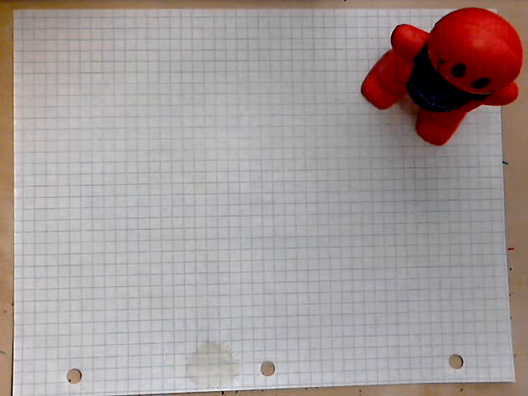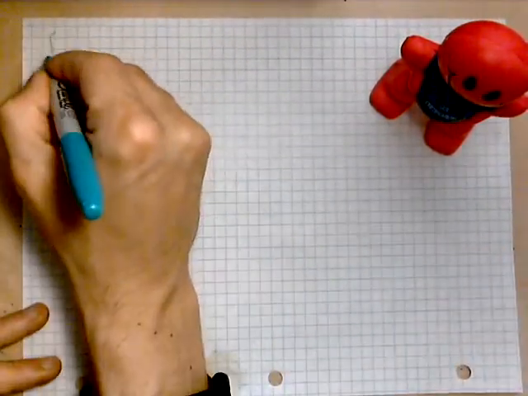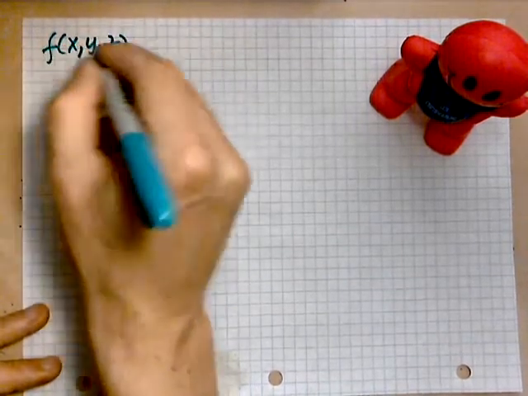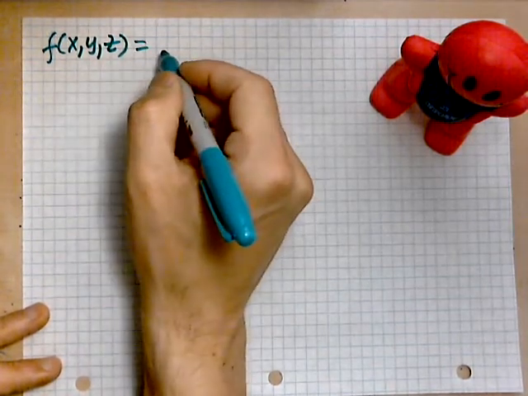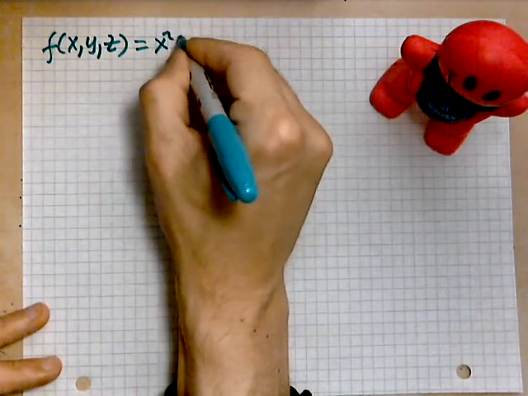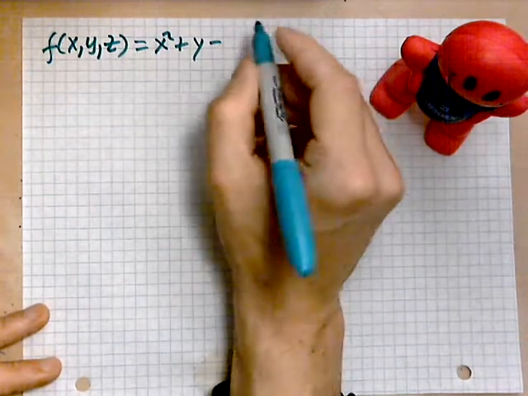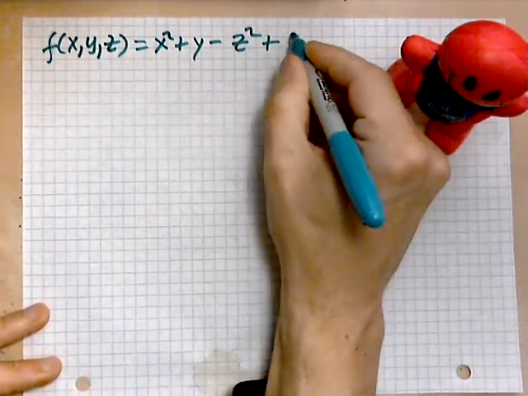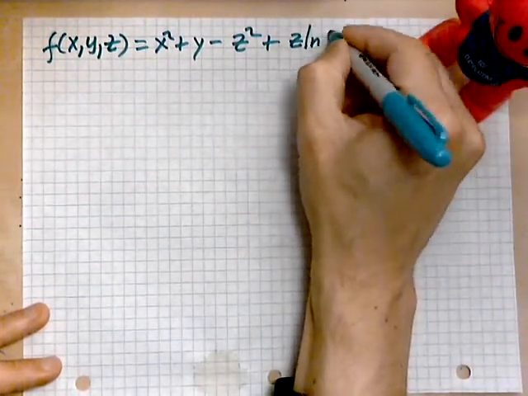Let's take a look. So the function is the following. f of the variables x, y, and z is given by the following rule: x squared plus y minus z squared plus z times ln of x.